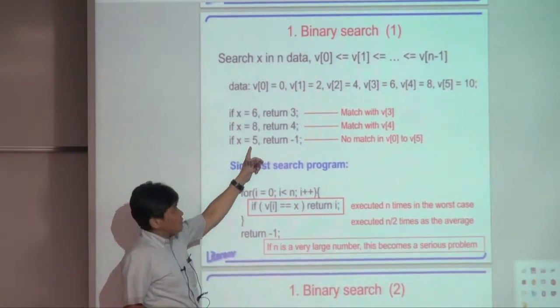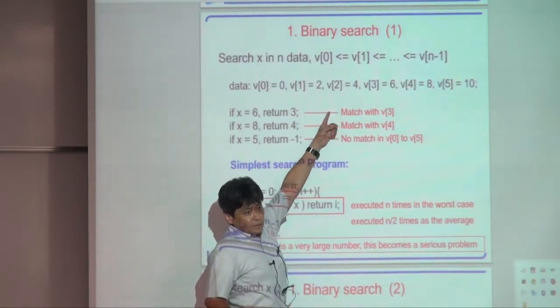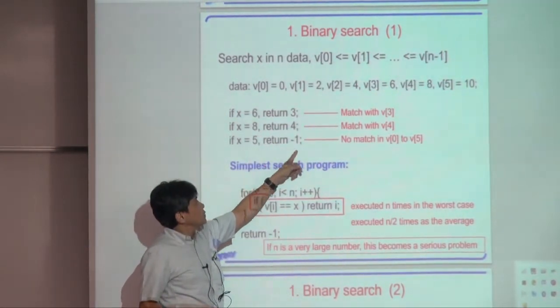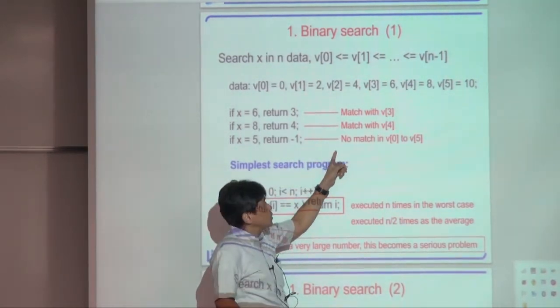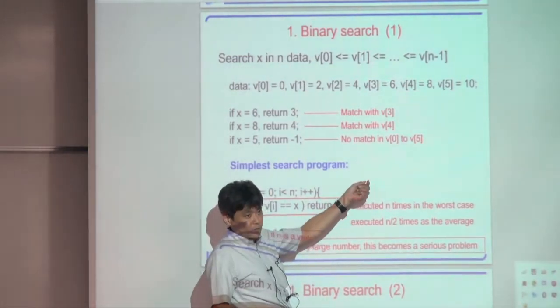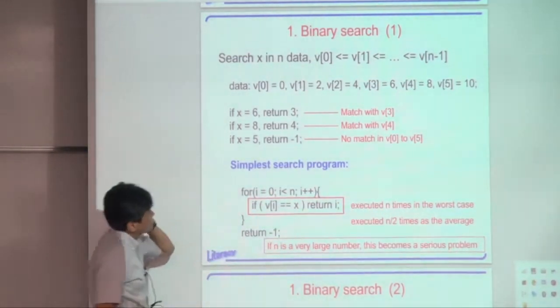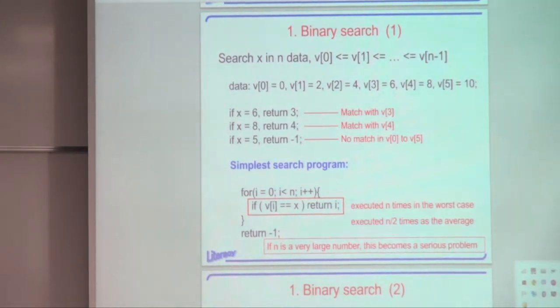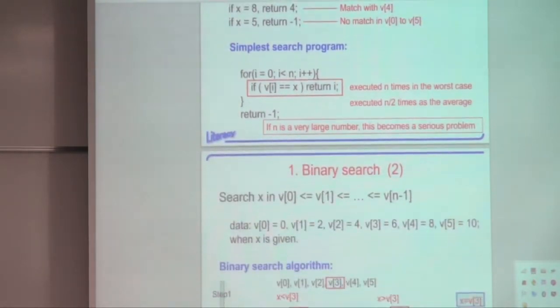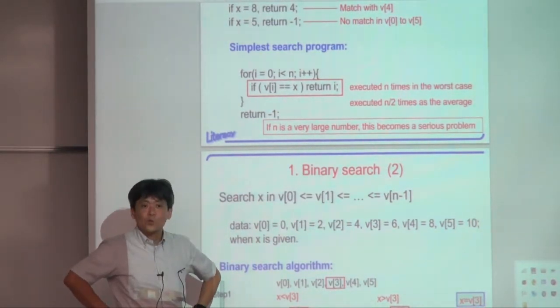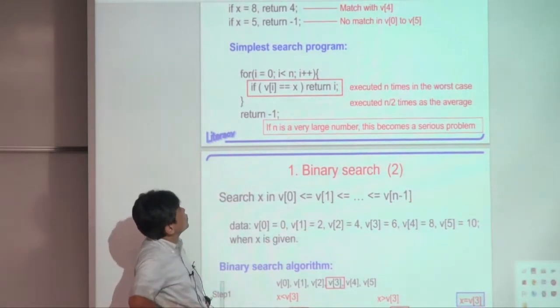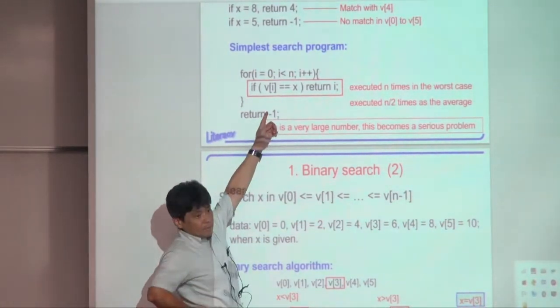If you specify 5, actually 5 is not included in this data. In such cases, the program returns a negative value, meaning mismatch, cannot find.